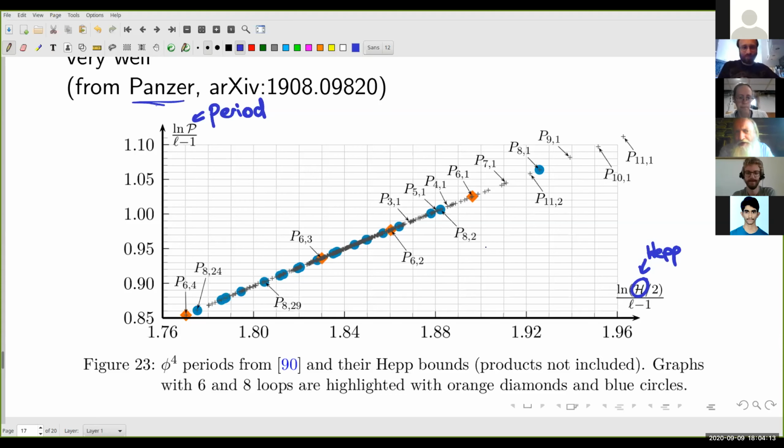I think this is just an extraordinary thing. Now, the person most likely to exploit this is Misha Borinsky, who has developed a Monte Carlo algorithm for multi-loop diagrams, and by multi-loop I mean 20-loop diagrams, which are absolutely impossible by sector decomposition, using Eric's Hepp bound to determine the Monte Carlo sampling. He can calculate 20-loop Feynman diagrams to 5 significant figures by sampling only 10 to the 10 points using this.